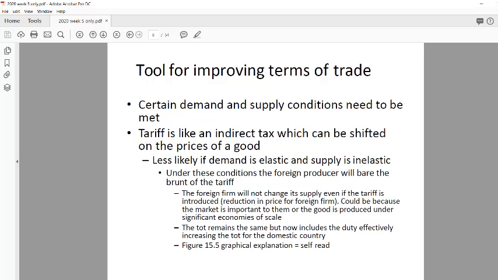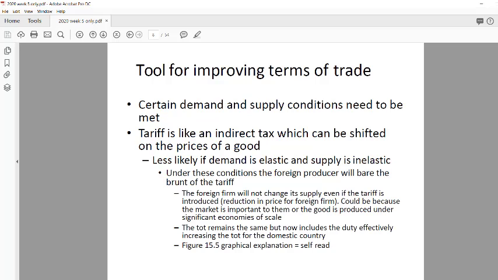The first thing is you need demand to be elastic. Why do you want demand to be elastic? What does elastic demand mean? If prices change, demand is going to change quite drastically. So if there's any price change or tariff change and you're forcing it onto the foreign good, you want demand to shift away from the foreign good to your local good. This is why you want demand to be elastic.